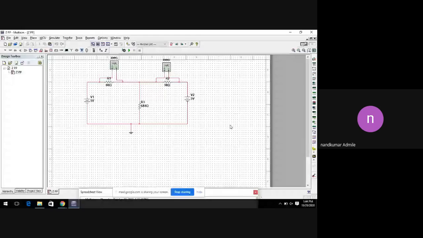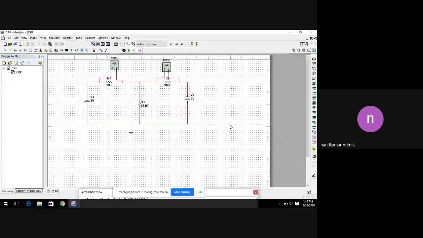To calculate the values of I1, we consider the voltage source V1, and we make the voltage source V2 an open circuit.